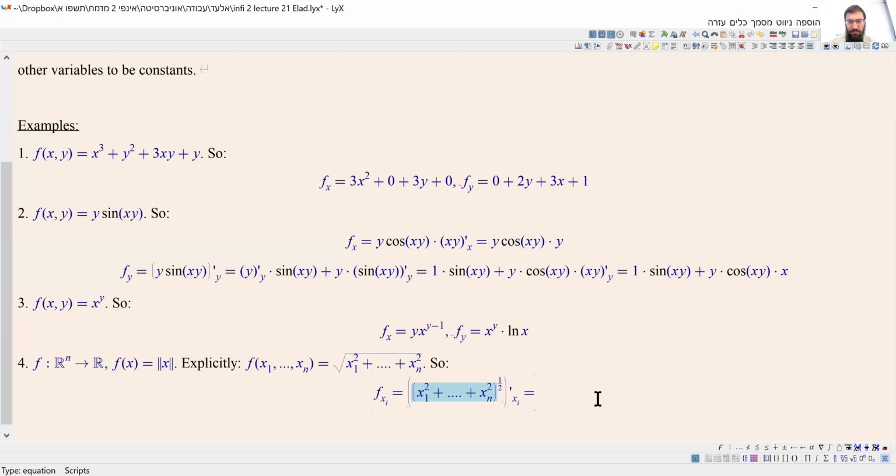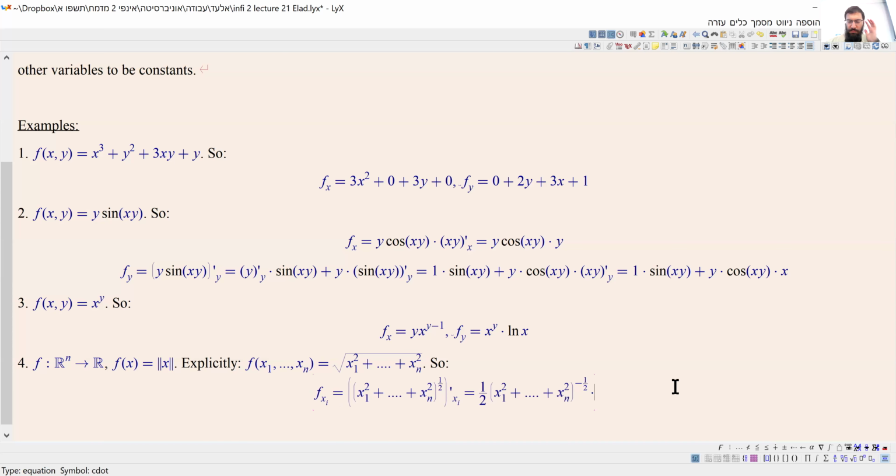So the half jumped out, as we say in Hebrew, and it is to the power of minus half. And of course, we need to multiply it by the inner derivative, which is the derivative of the sum by xi.